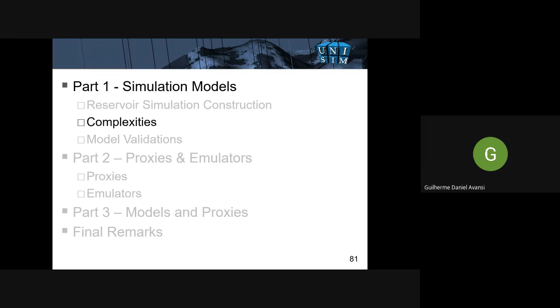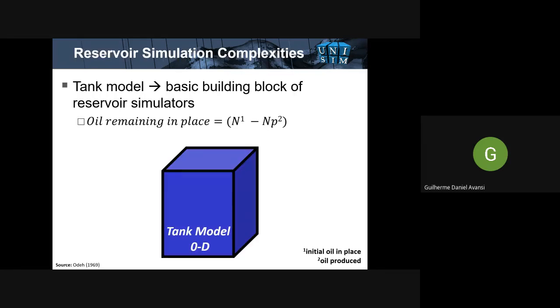Now we move to the complexities that we have here. The complexities, I can just pass through the information that we have. So we have a famous example that was presented in 1969 by Odeh. This is a famous model that we call the tank model.